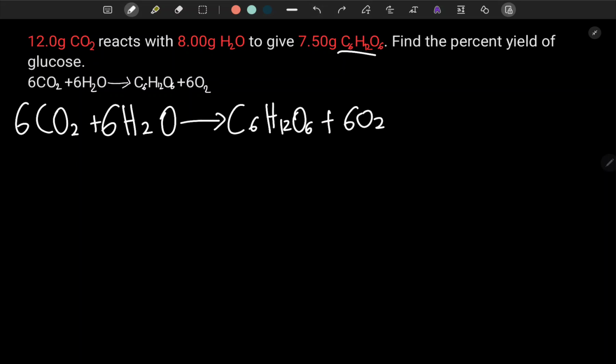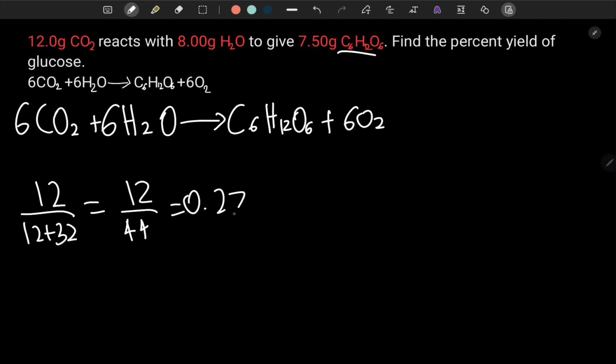So let's convert these to moles. 12 divided by the molar mass of CO2, which is 12 plus 16 times 2, is 32, so this is 12 over 44, meaning that there are 0.27 moles of CO2.